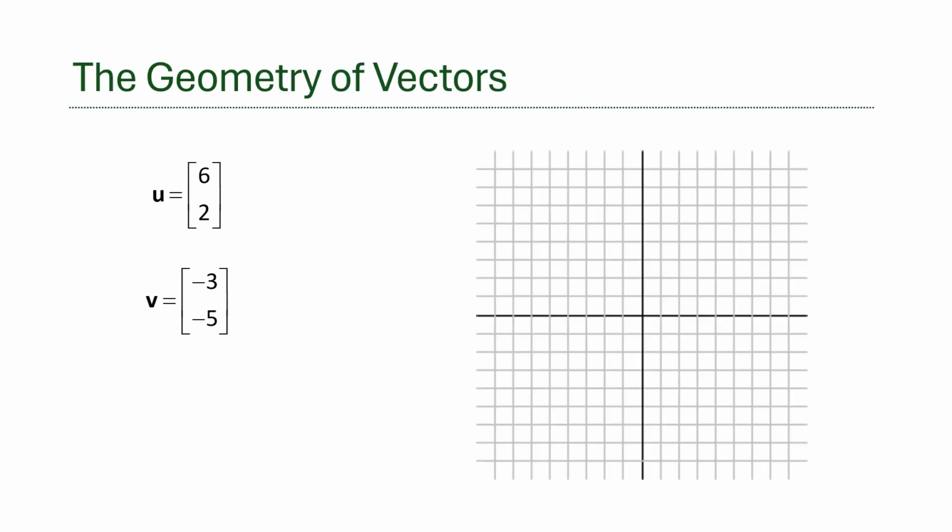So we can create a connection between vectors, and most often we'll use these column vectors, and geometric points in the plane. So for example, the vector u would be equivalent to the point 6, 2, and v would be paired with -3, -5. Now visually or geometrically, we represent a vector by putting its starting point at the origin and drawing an arrow out to the endpoint.